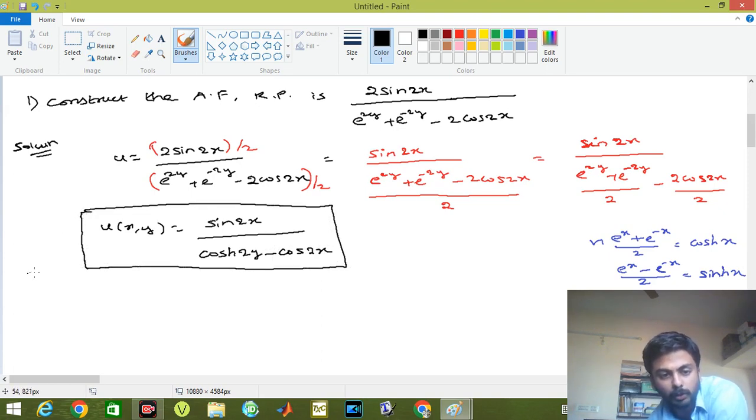Now we are going to find u x of x comma y, that is differentiation of u with respect to x.